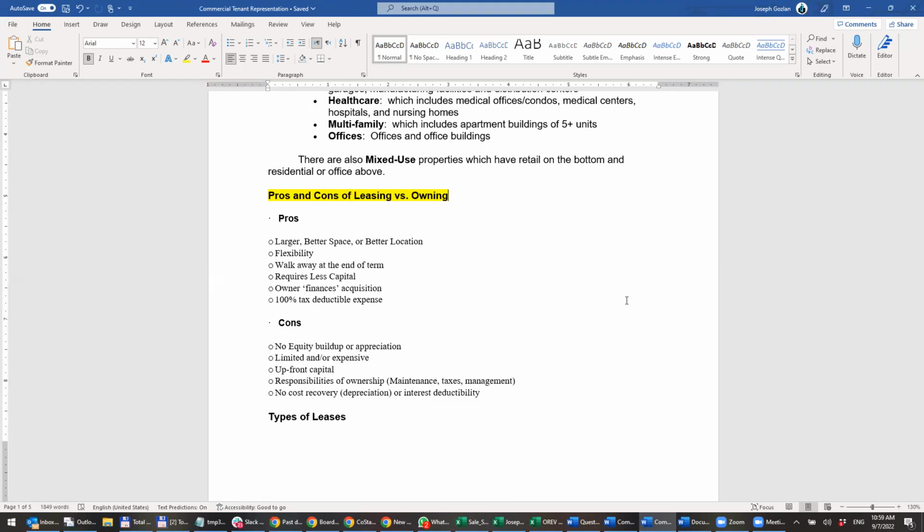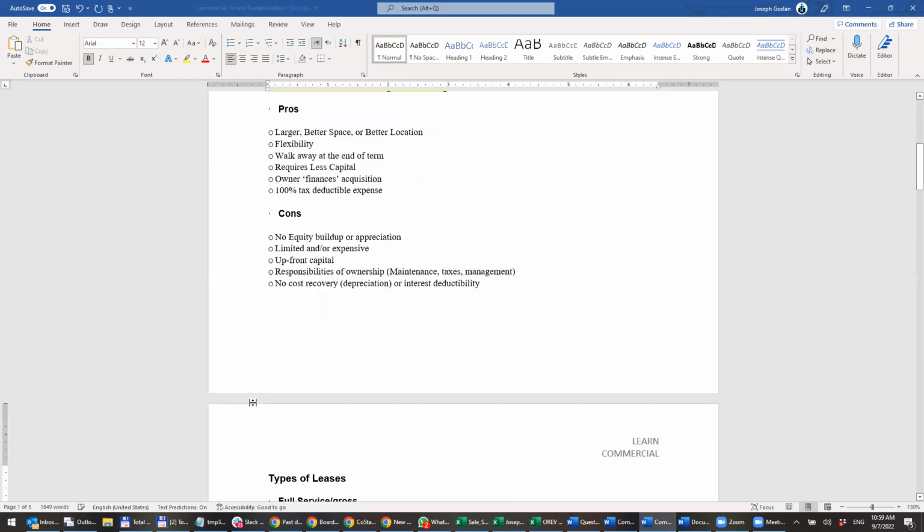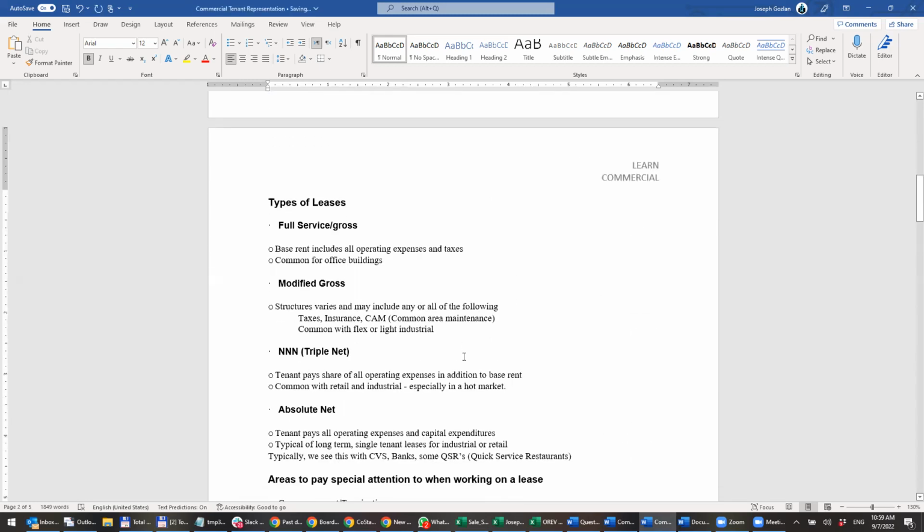So having that conversation, having the pros versus cons conversation on buying versus leasing, is a very legitimate question, even more so when dealing with commercial tenants than with residential clients. The other big advantage commercial tenants have when buying, because they would buy a building and move their business into that building, is there is a very high chance that they'll be able to qualify for an SBA loan.